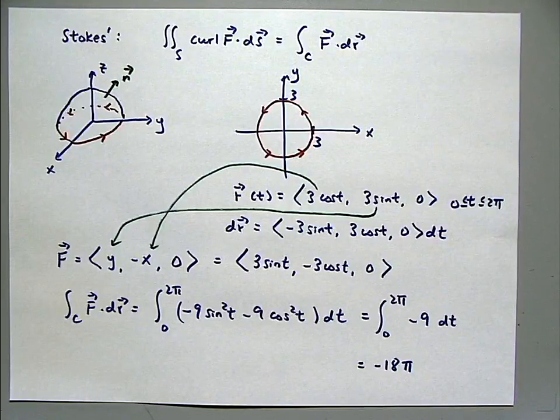So in the first octant, that surface is going to be this triangle that's kind of leaning on the z-axis. And we're told that this curve is oriented counterclockwise if we look down onto the xy plane. So that means the orientation is going this way.